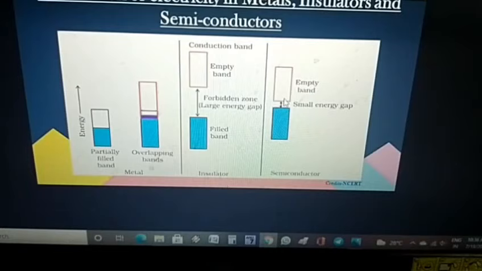Less number of electrons, when compared with metals, will jump from valency band to conduction band, so they'll pass less amount of electricity. But when we increase the temperature, some more electrons will jump from valency band to conduction band. So as we increase the temperature, the electrical conductivity of the semiconductors will increase.